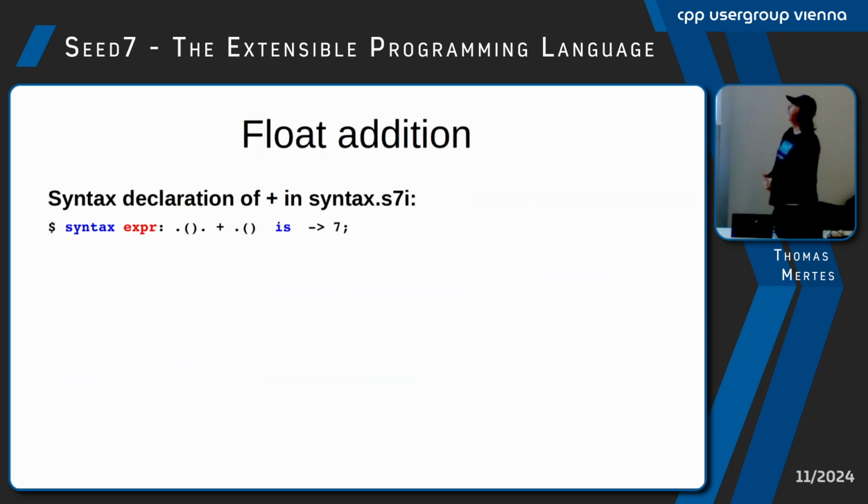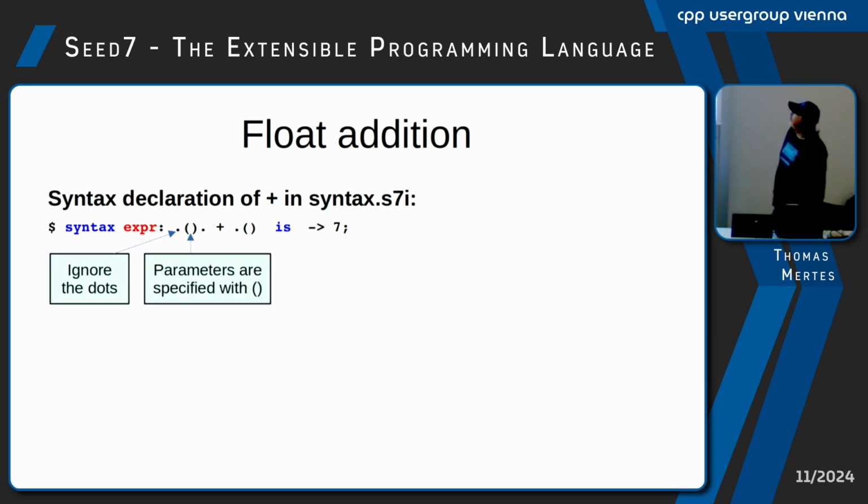Let's take a look at the floating point edition. Seed7 floating points are actually always double precision, but this is just a side point. So this is the syntax of the plus, and to explain this a little bit, you need to ignore the dots here. You have to recognize that the parameters are specified with open and closed parentheses, and this leads to a pattern.